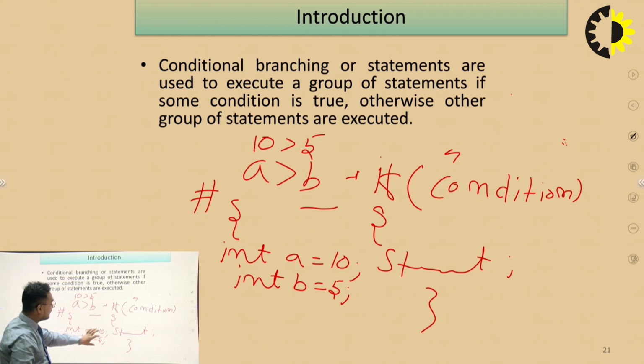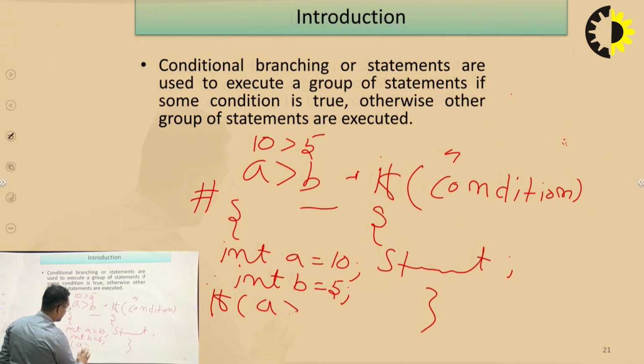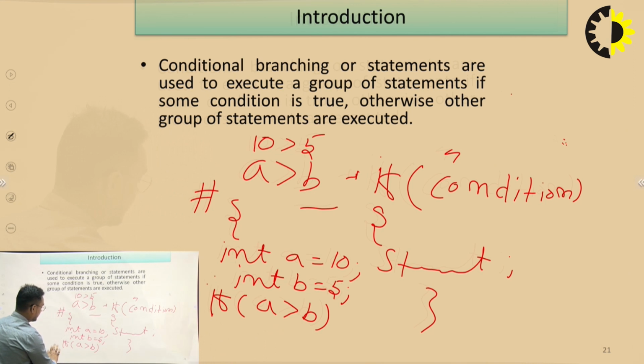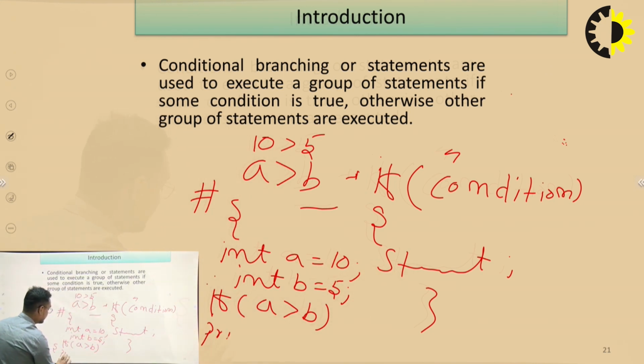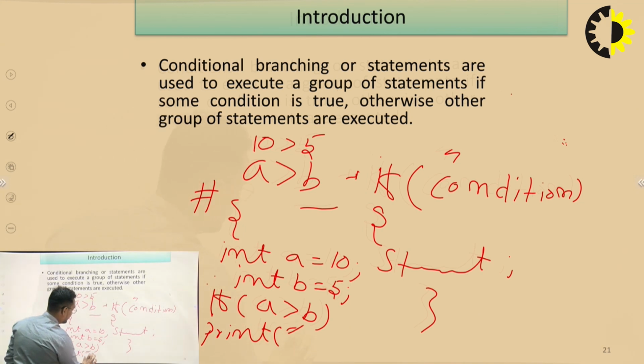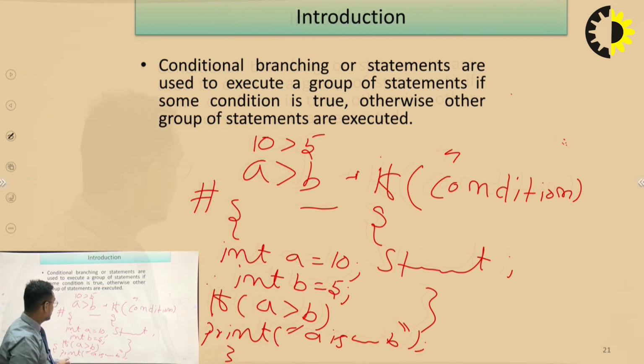After assigning the values, you mention if and then write the condition A greater than B, curly braces open. Then the statement: printf, small bracket, double quote A is greater than B double quote close, then semicolon, then close the brace.